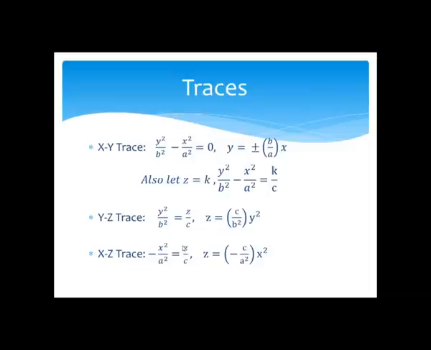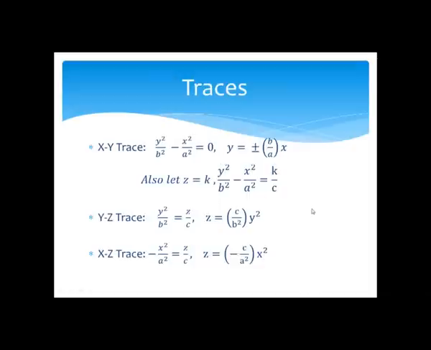In this case, we have to find two xy traces. When we solve y squared over b squared minus x squared over a squared equals z equals 0, we get the equation of a line. But if we let z equal some other constant k, we get the equation of a hyperbola.